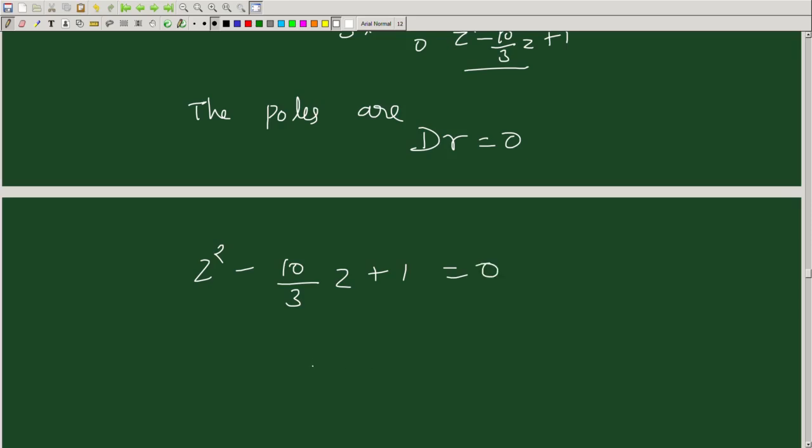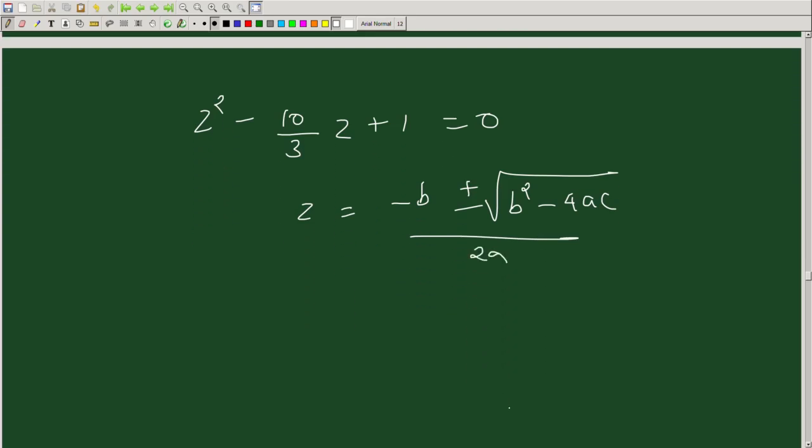How to get it by solving this quadratic equation? By the formula z equal to minus b plus or minus square root of b square minus 4ac by 2a. Correct? Now substitute all the values. What is the value of a? Here the value of a is the coefficient of z square, 1.